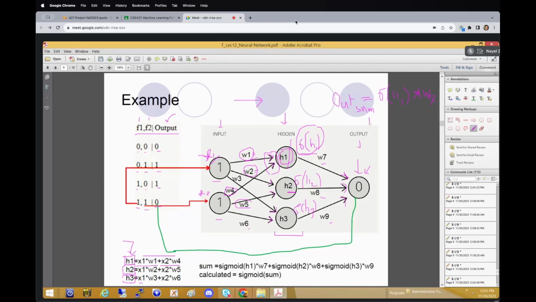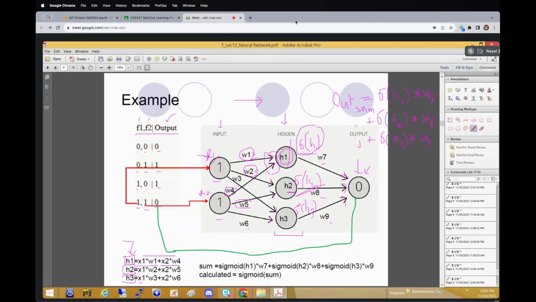and then plus the sigmoid of h2 times w8, plus the sigmoid of h3 times w9.